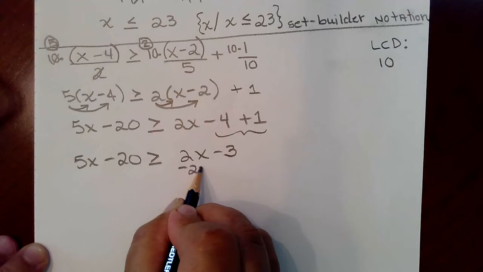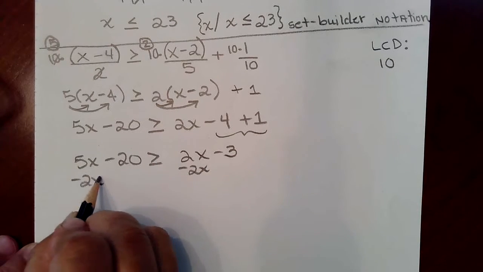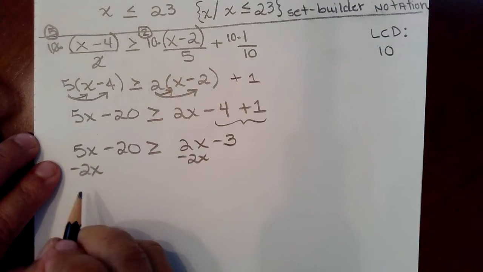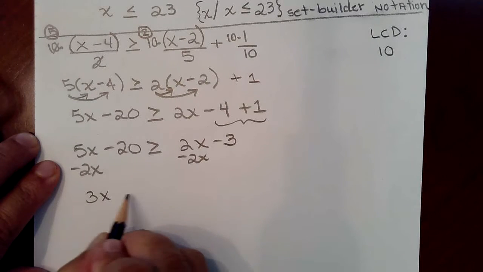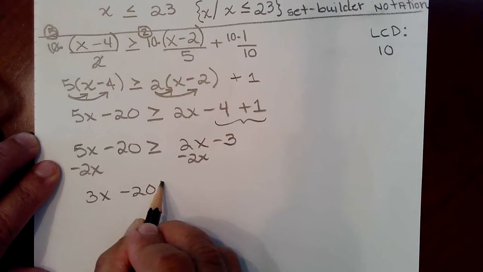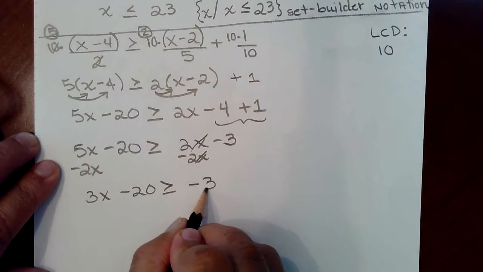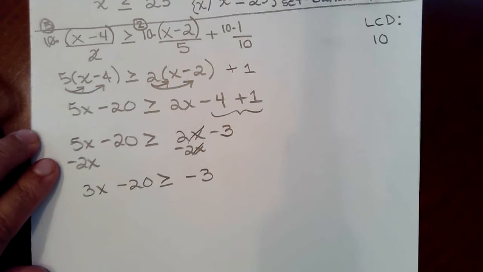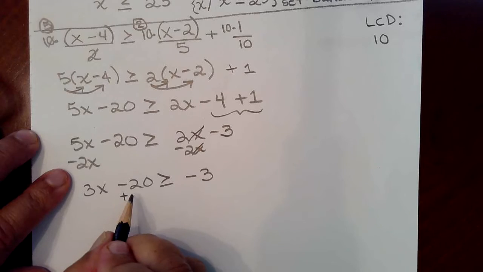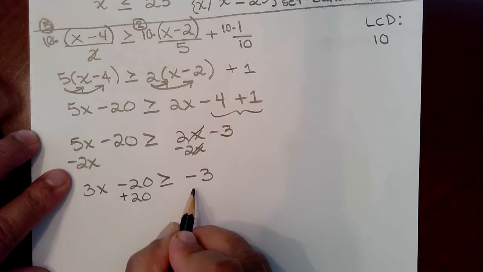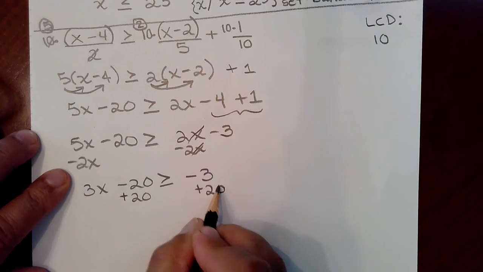I'm going to move this 2x over here by subtracting 2x from both sides. That'll leave me with 3x minus 20 is greater than or equal to negative 3. Okay, then I'm going to move the negative 20 to the other side by adding 20.